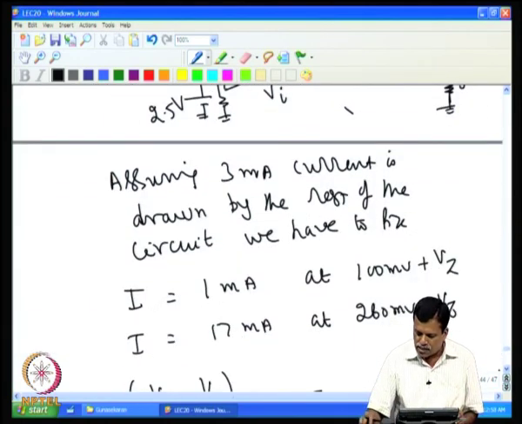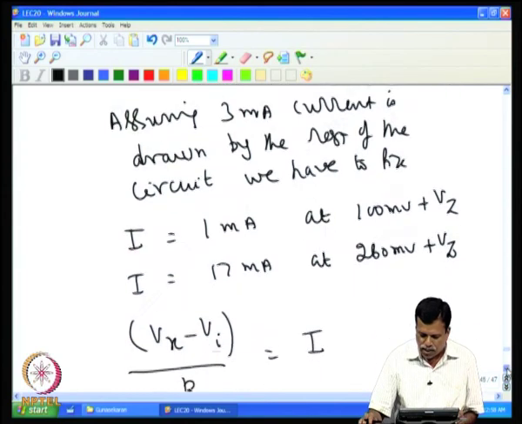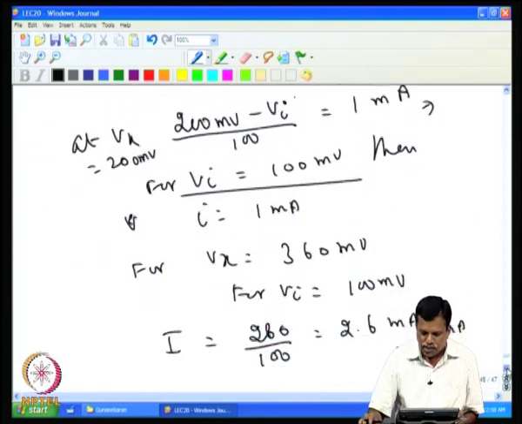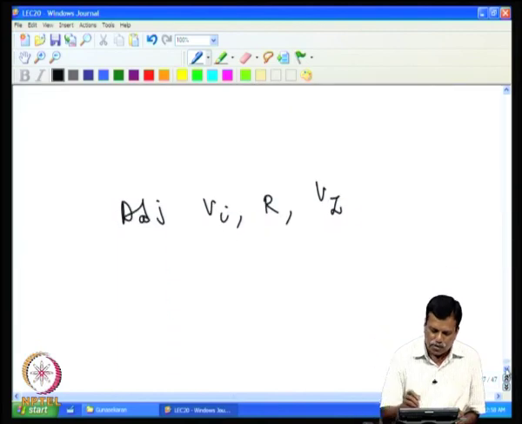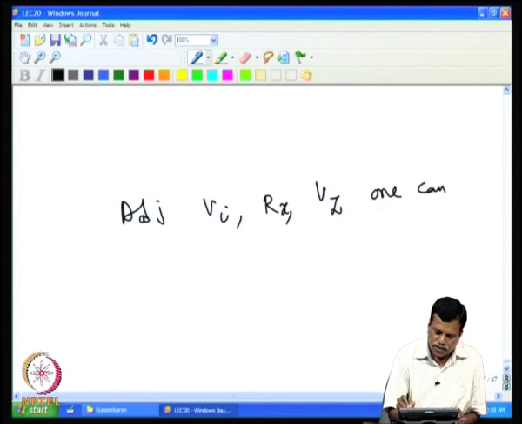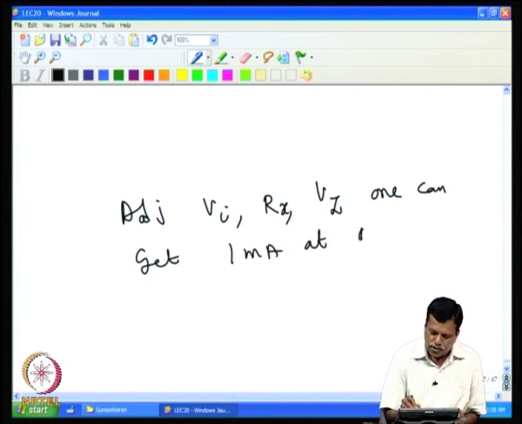These three quantities can be adjusted so that you get 1 milliampere at 0 degree C and 17 milliampere at 400 degree C.